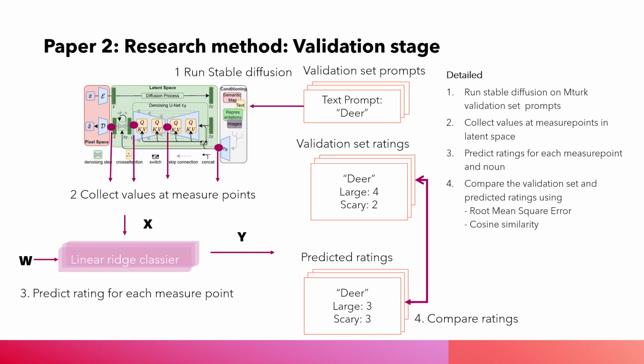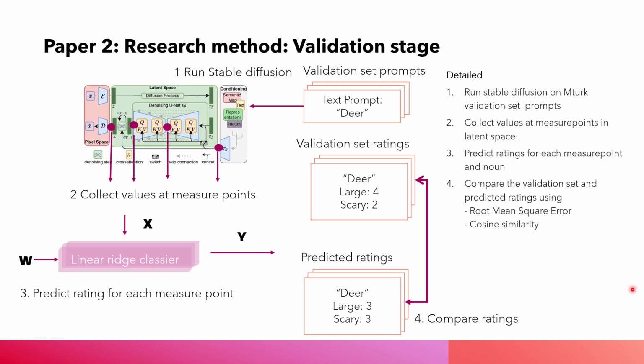But instead of training the linear ridge classifiers, it reuses the classifiers trained earlier and now tries to predict the ratings Y for the collected values X and the trained weights W from the previous stage. The result is a set of predicted ratings for each prompt in the validation set.